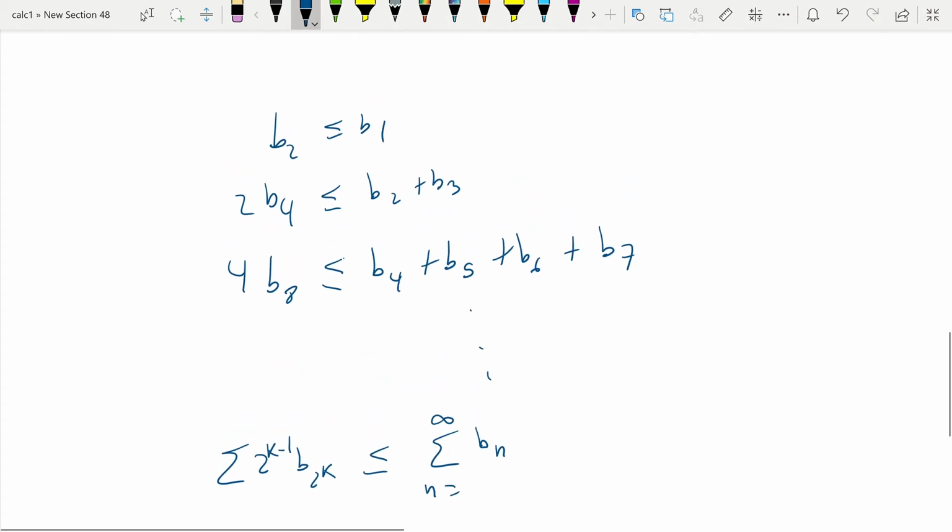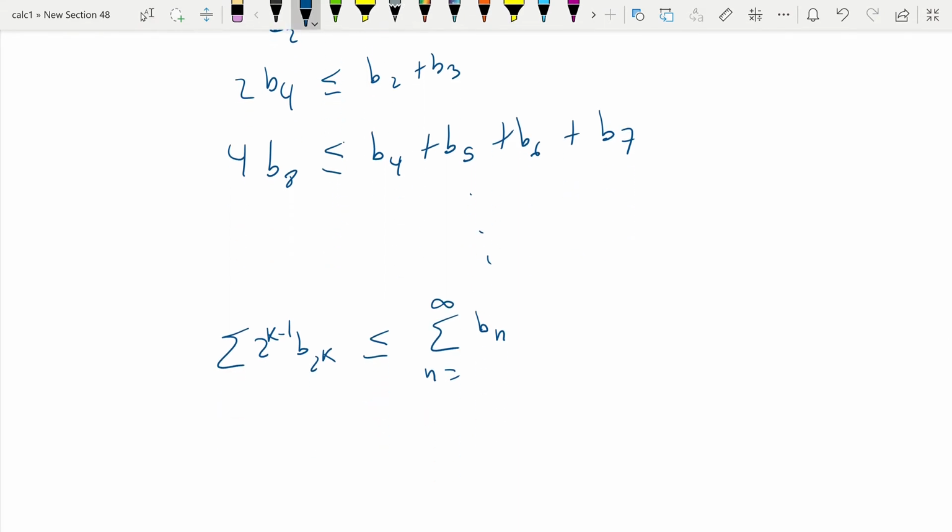You see, b2 is multiplying 1, b4 is multiplying 2, and 4 is 2 squared, but here we have 2 to the 1, and here we have 2 squared times 2 cubed, to be 8, so 8 is 2 cubed. So this is the sum we have on this side.